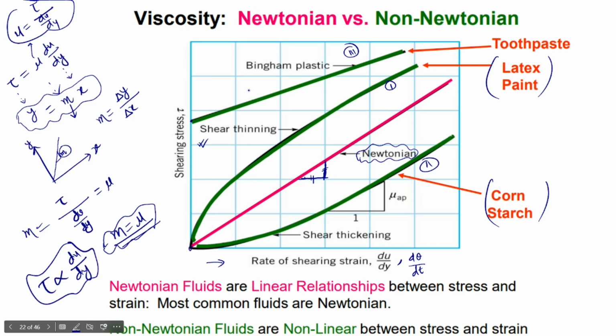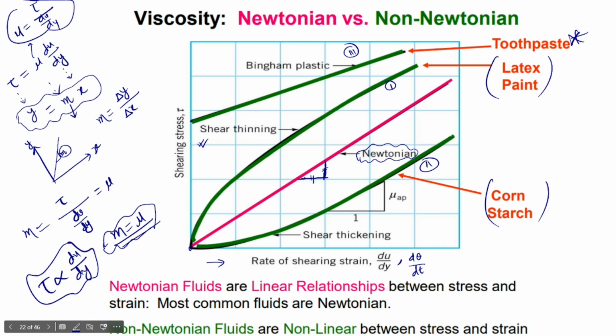Next we move to Bingham plastic. As you can see from this curve, it is not starting from the origin. It means that you need a threshold force for this Bingham plastic to start flowing. What is an example for this? Toothpaste. Imagine you have a toothpaste in your washroom.